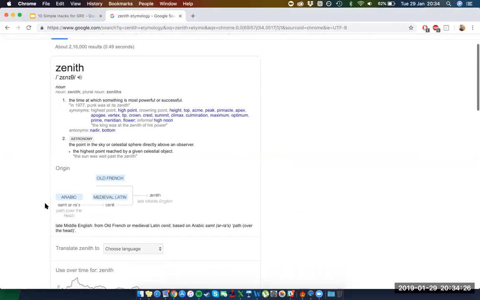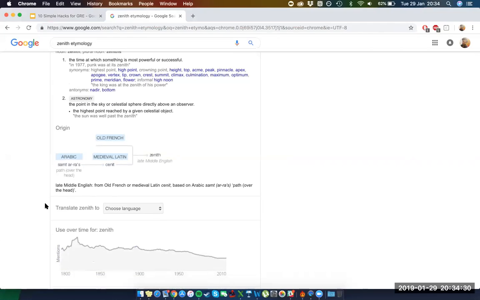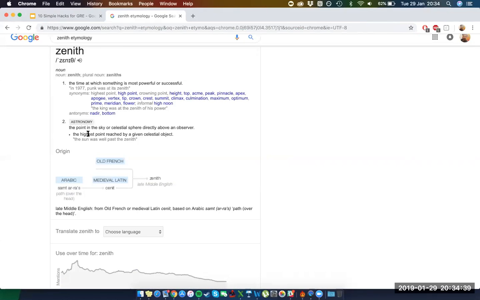Okay, so the most powerful point of something, right? And it comes from the medieval Latin senet, or Arabic samt, over the head. So the original came from something in astronomy, from where the high point of a star would be where it would be over the head, right? Directly overhead. So the zenith became shorthand for high point, right?